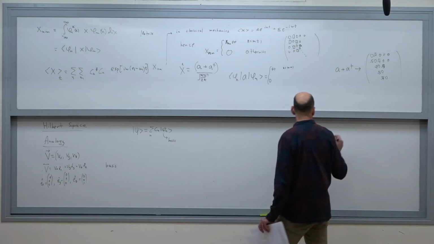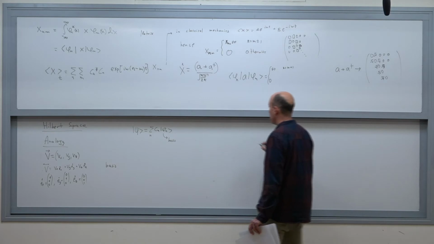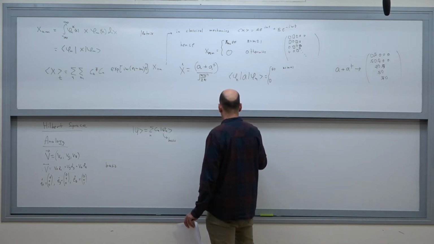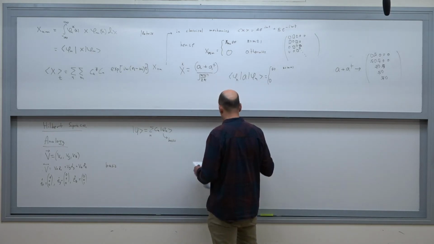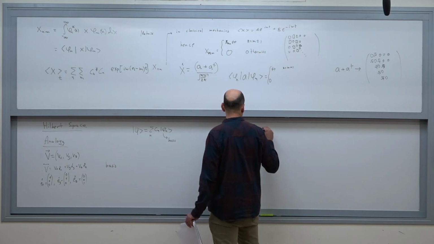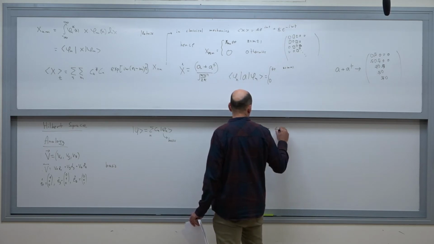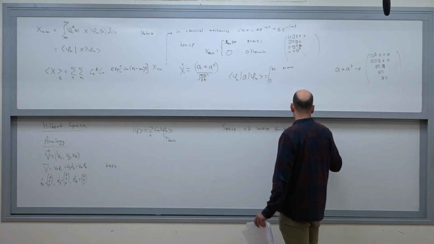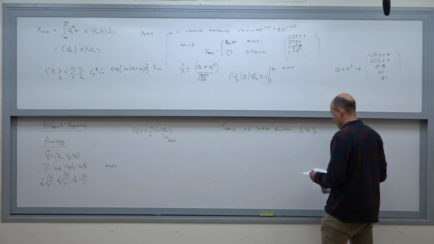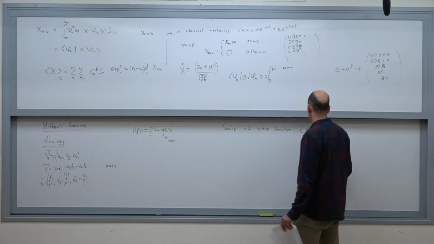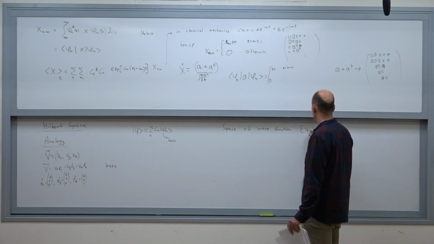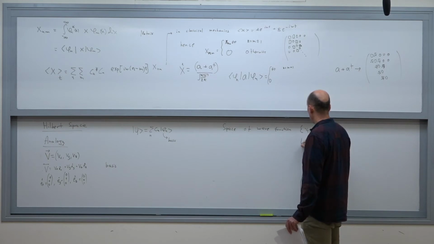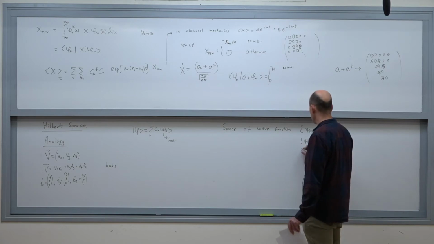So in Hilbert space or quantum mechanics, we have a space of wave functions. But these wave functions, if you want, in the position presentation, can be momentum representation, and these can be, as we showed, vectors.